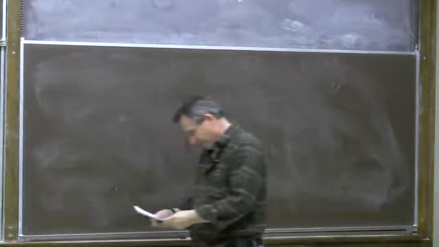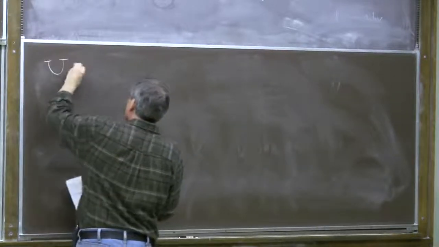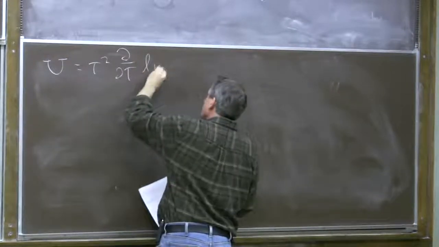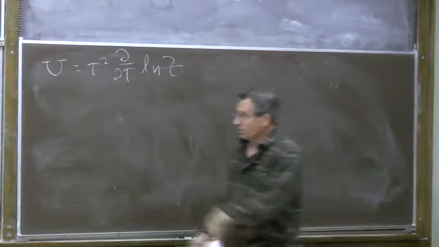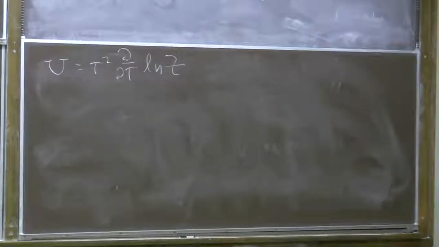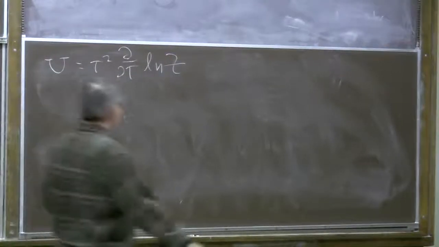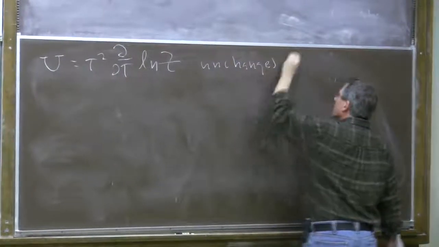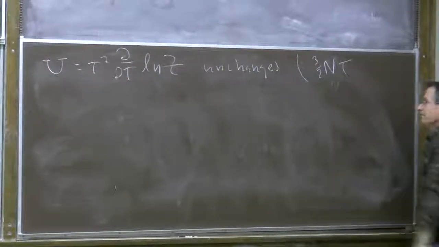So, for example, when we computed the average value of the energy, by differentiating log z with respect to temperature and multiplying by tau squared, of course, we were doing that with the volume and the number of particles fixed. So that's unchanged. It's what we computed before, which is 3/2 n tau.